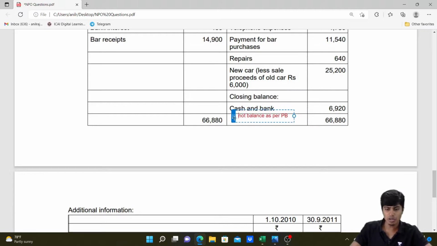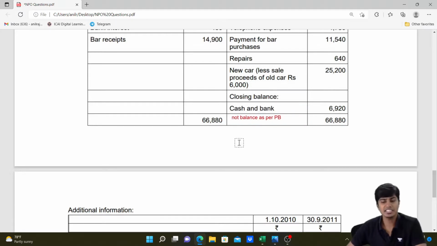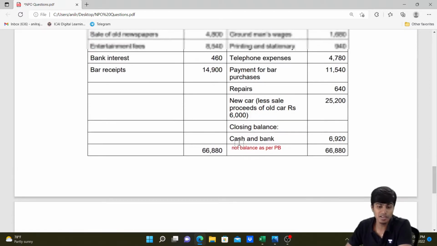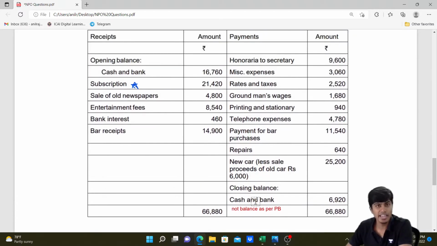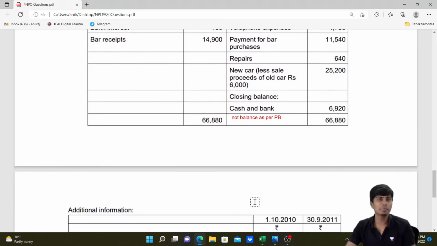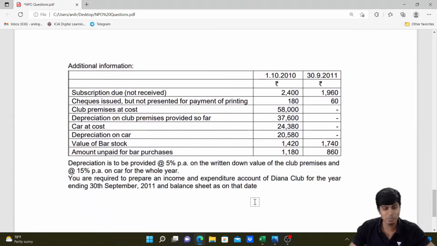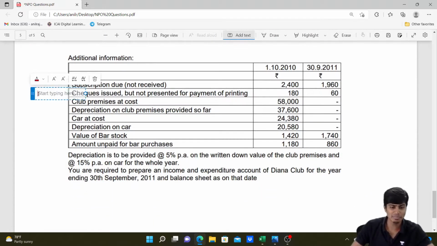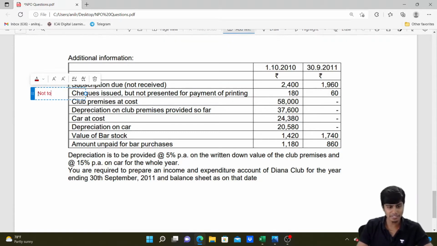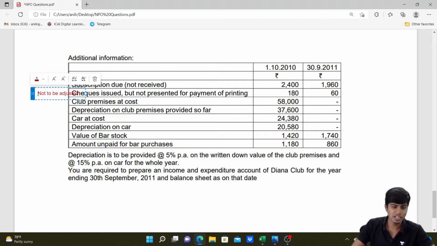If they have not mentioned that, can I say this cash and bank is the balance as per cash book? And this balance as per cash book is the correct amount. It would have taken those checks already into consideration, though they are unpresented. They would not be appearing in our passbook, but the cash book would have considered them. So this adjustment is not to be adjusted. You can ignore this adjustment.